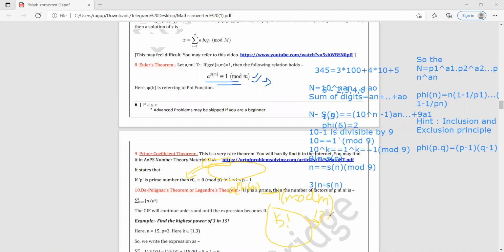So 1, 2, 3, 6, 9, 12, and we have 15. So these are the only numbers divisible by 3. Now we'll calculate the powers of 3 in these numbers.